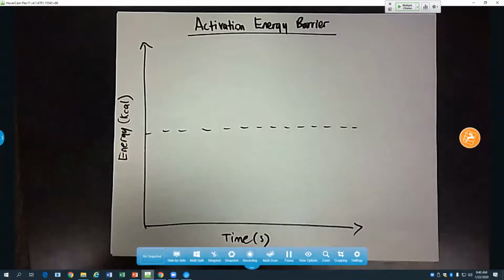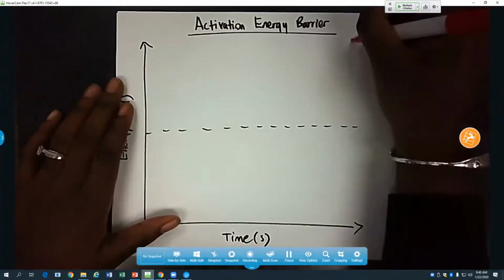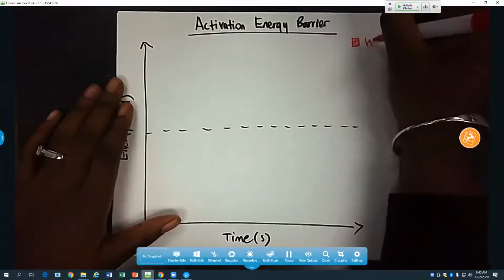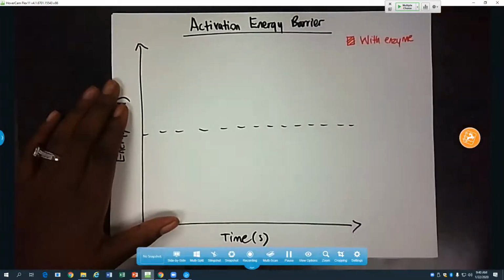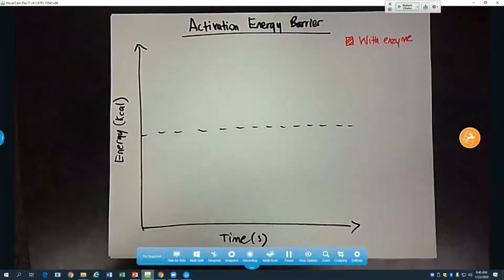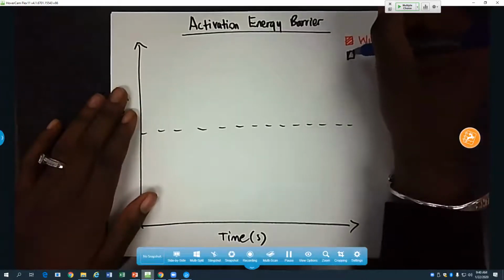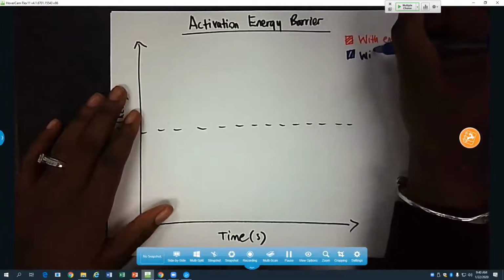Now we're going to draw two lines on this graph. One is going to represent the reaction proceeding with the enzyme, and one is going to represent the reaction proceeding in the absence of the enzyme, so without the enzyme.